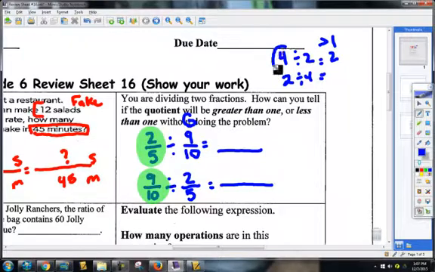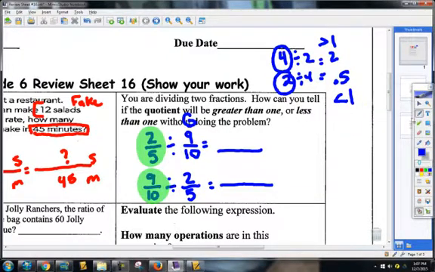How many groups of 2 are in 4? So I'm taking 4 and dividing it into 2 groups. Obviously, I'm going to have 2 in each group. Whereas this one, I'm taking 2 and dividing it into 4 groups. That is why it equals 0.5, because my answer is going to be less than 1.